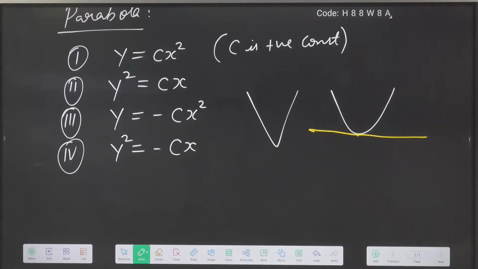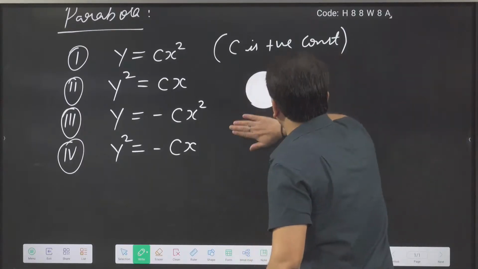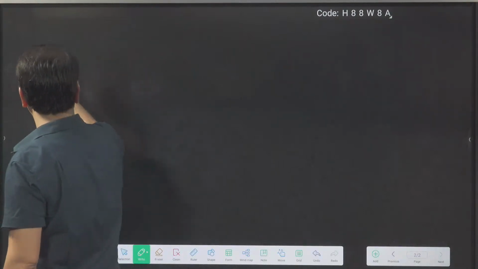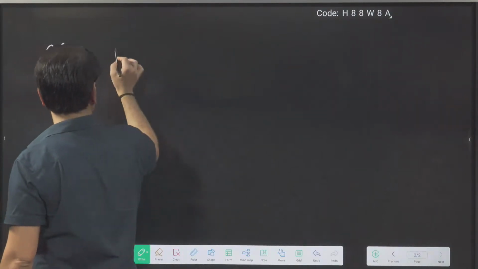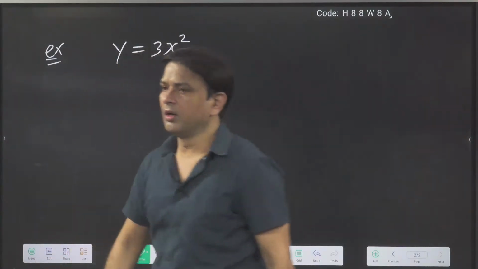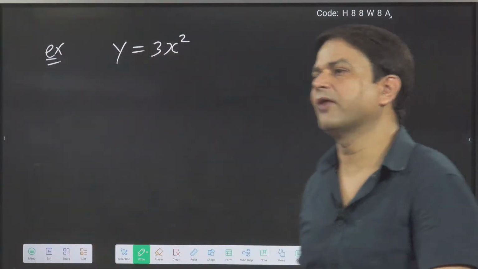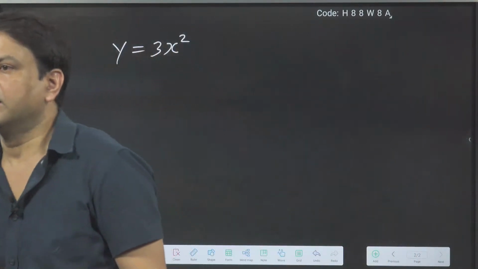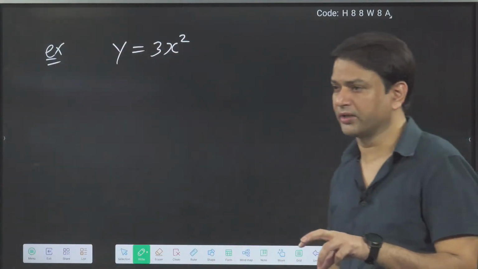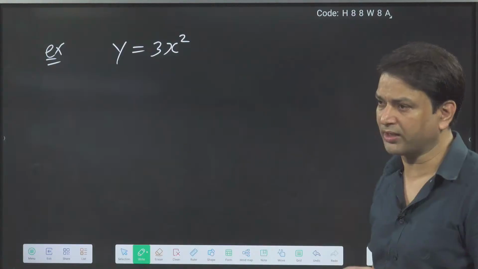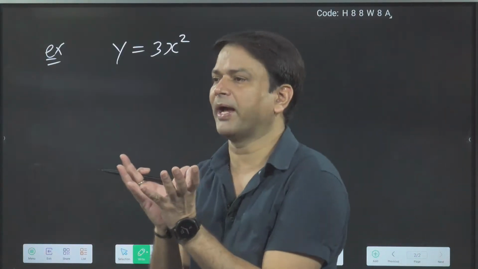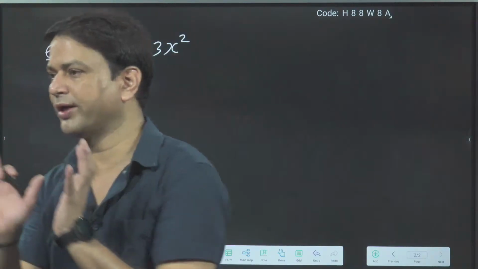Now suppose I give an equation, how will we decide the shape? Suppose I have to plot this parabola graph. Remember that if the equation has x², then the graph will be symmetric and U-shaped, and I have to put that U shape according to the equation.